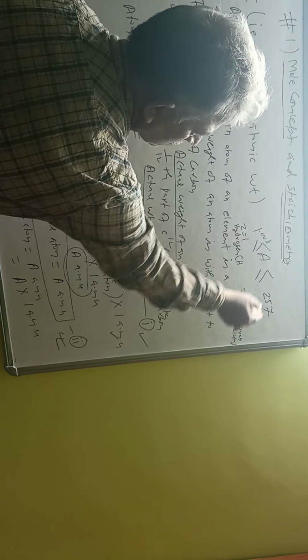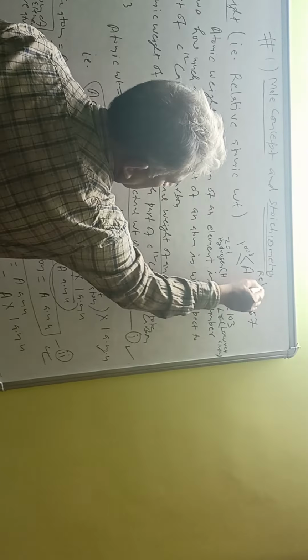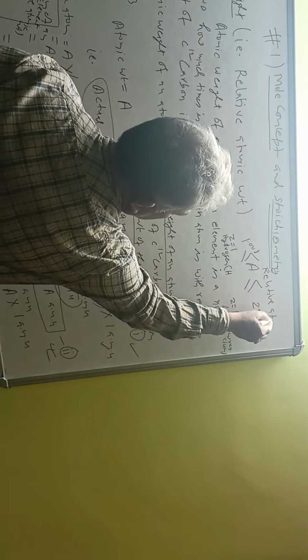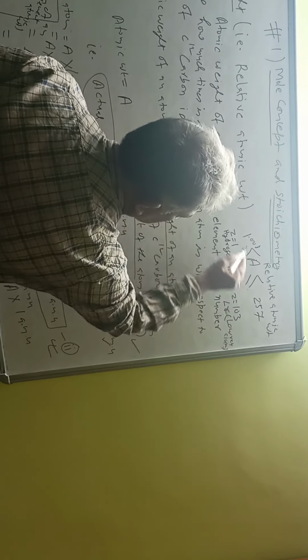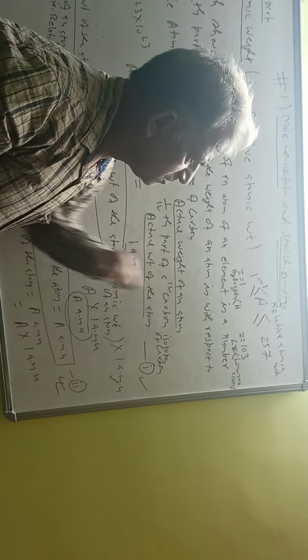So these numbers oscillate for the relative atomic weight, starting from 1.008 or 1 up to 257.